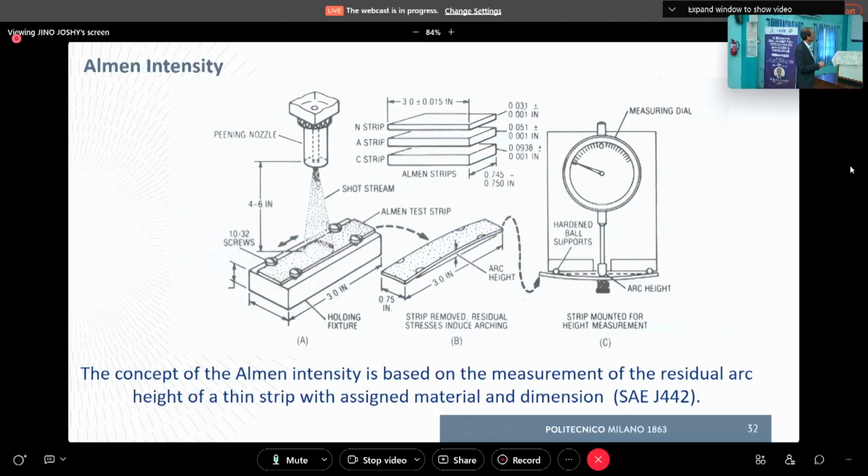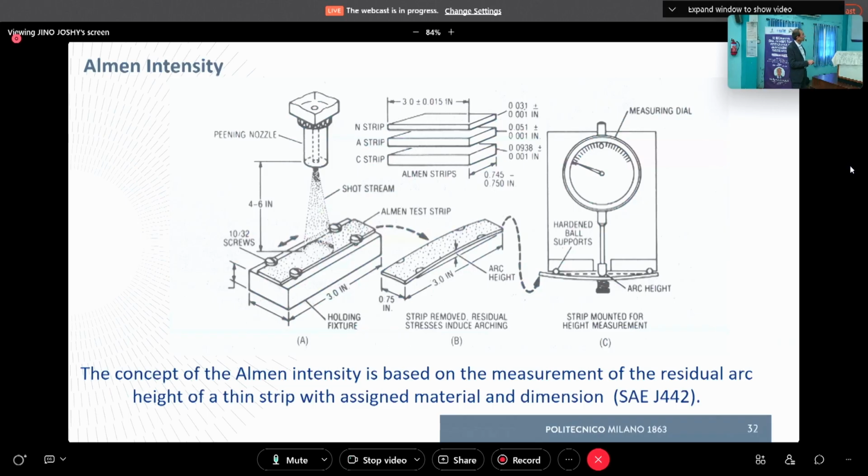Indeed, we consider one of these Almen strips. Okay, we fix it on a block, on a holding fixture, let's say, by means of 3 or 4 bolts, and then we peen it under controlled conditions.